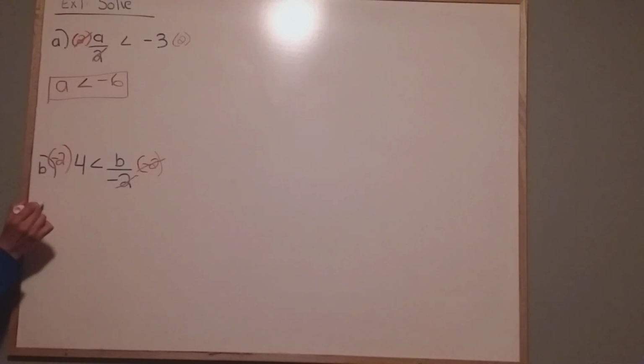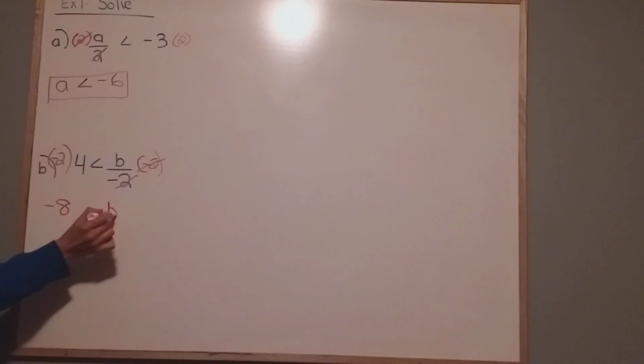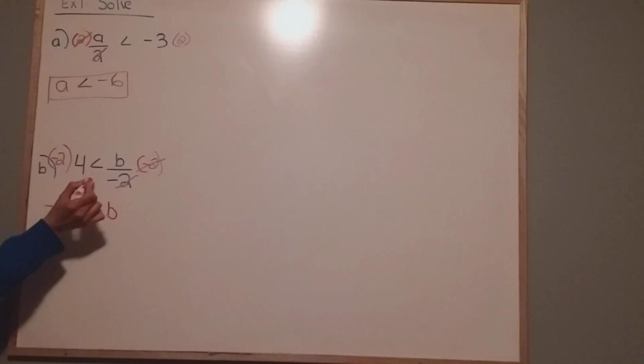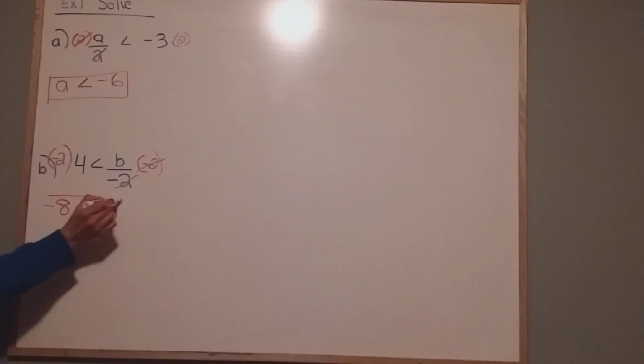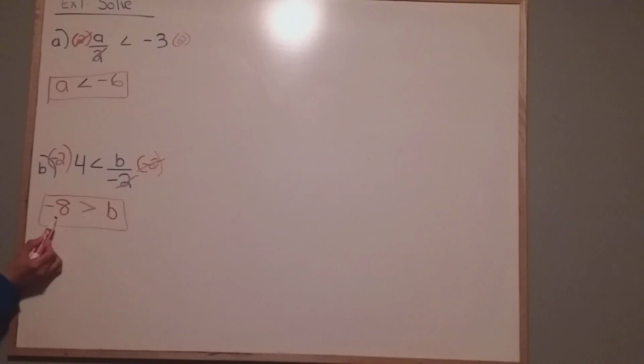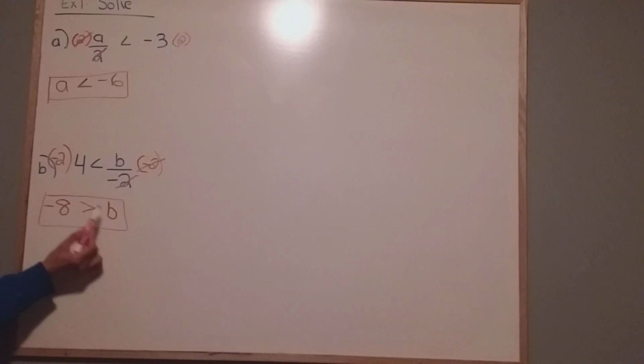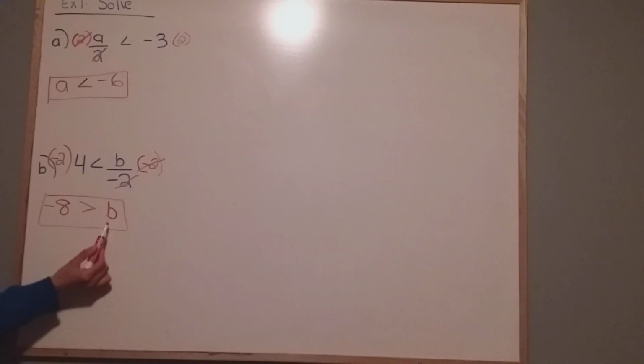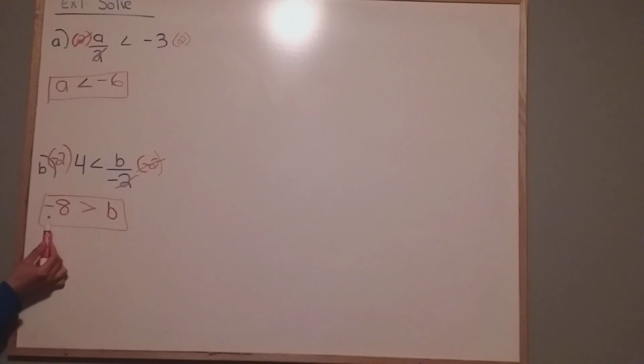Negative 2 times 4 gives me negative 8. That's my b. Here, b is greater. Because I multiplied by a negative number, I have to switch my inequality. So my answer becomes b is less than negative 8. And you always read it from the perspective of your variable. So b is less than negative 8.